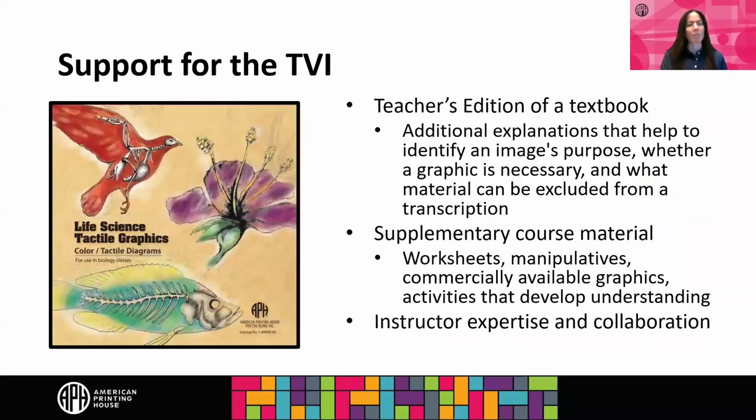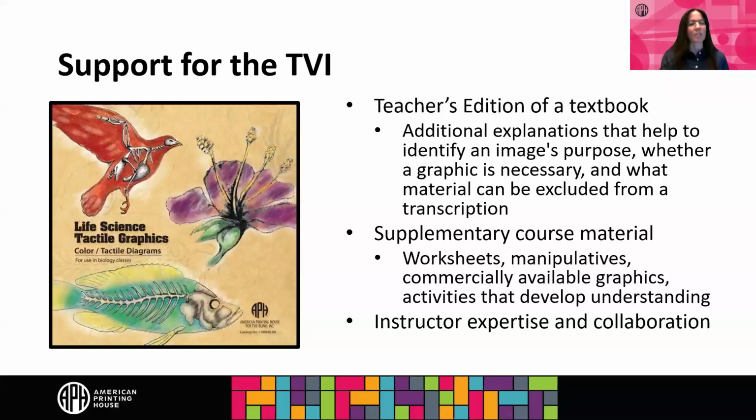There are so many supports for our teachers of students with visual impairments in their classrooms, and many of these are housed with the classroom teacher, like the teacher's edition of a textbook. Often these teacher's editions will come with student texts, and our classroom teachers will have them. These have additional explanations that help to identify images' purposes and whether a graphic is necessary and what material can be excluded from a transcription or needs to be included.